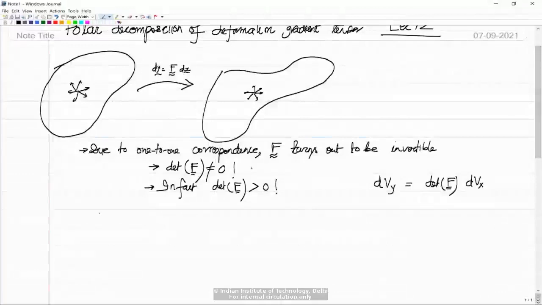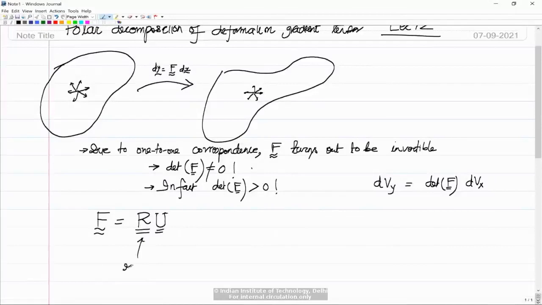So you can write any second-order tensor with positive determinant as a product of a rotation tensor big R, R for rotation, times a symmetric positive definite tensor U. So R turns out to be a rotation tensor, whereas U turns out to be symmetric positive definite.